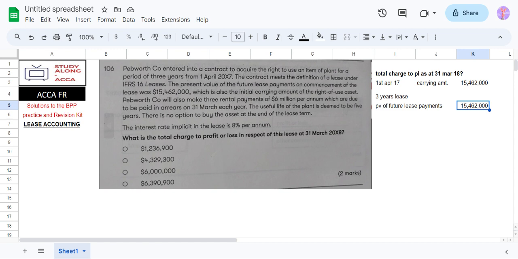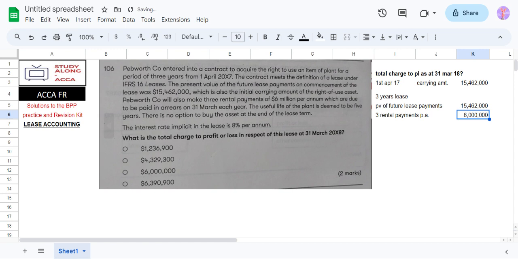Payworth company will also make three rental payments of 6 million per annum, so 3 times 6 million, which are due to be paid in arrears.